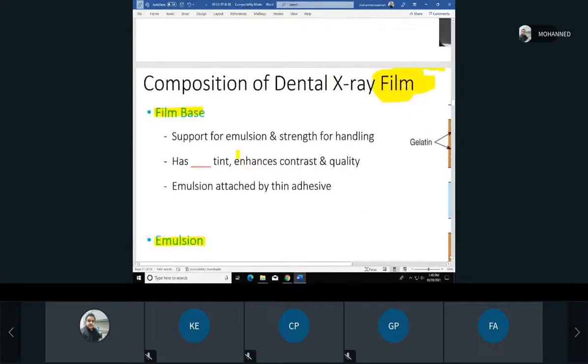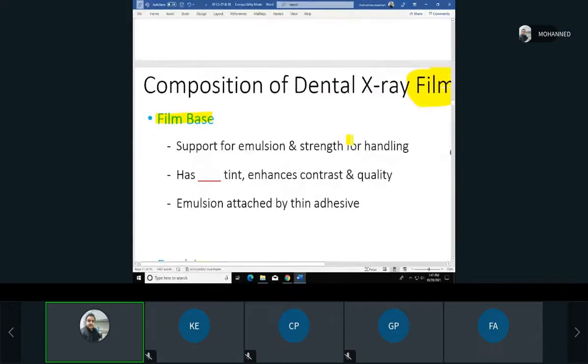Okay. So the film base itself is mainly for supporting and having more strength so we can manipulate the X-ray film. And it usually has a, what's that? Someone said blue. Yes. It has a blue tint to it.